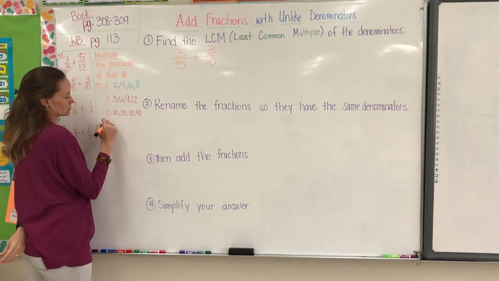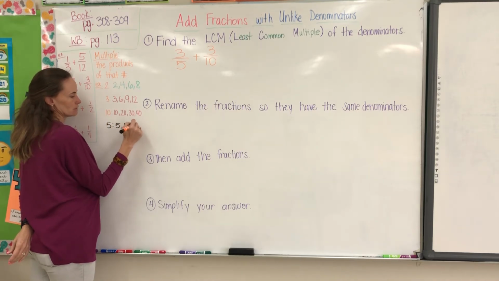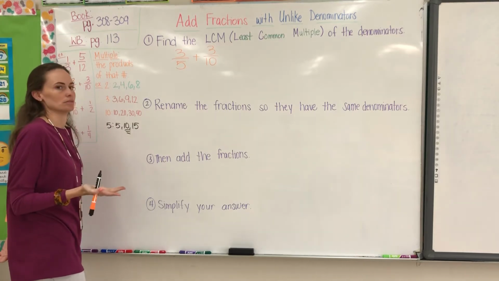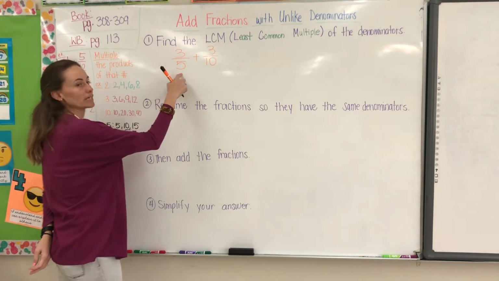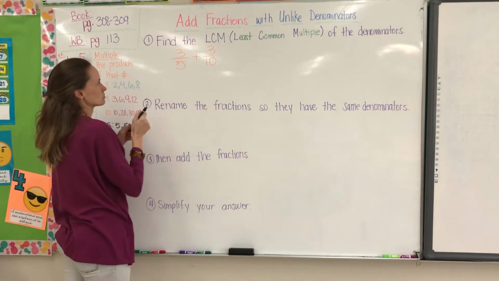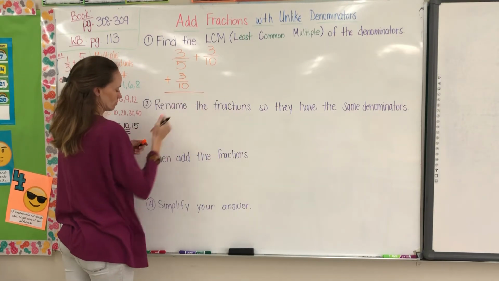Well, I can make a list, right? I could look at my multiples. 5, 10, 15, oh, there it is, 10. So it is a multiple. So we're going to have to rename or change this one to equal a 10th. Let me write it here so it's easier.